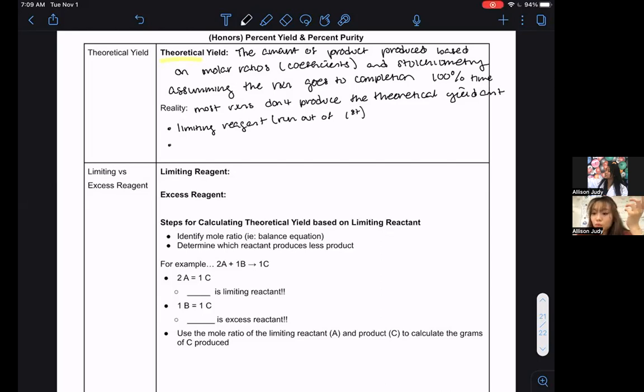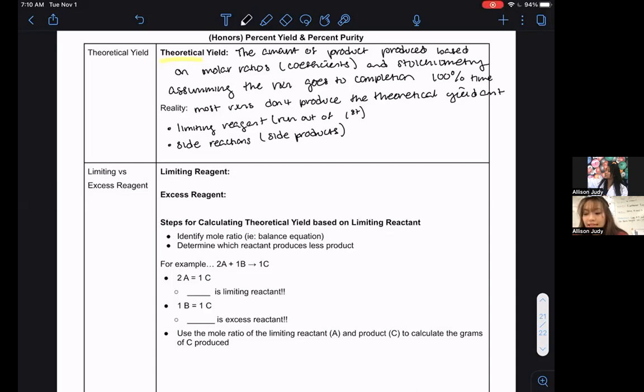Two, we have side reactions, what we call side products. Remember collision theory, how all molecules have to collide in the correct orientation, the correct positioning, and with enough energy. Maybe I have introduced this to you, maybe I haven't. But either way, this theory tells us that when particles react, they have to collide in a specific way to produce a chemical reaction.